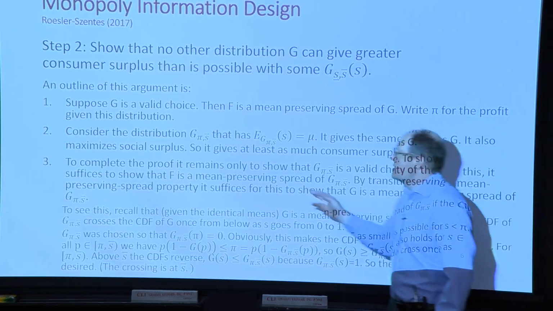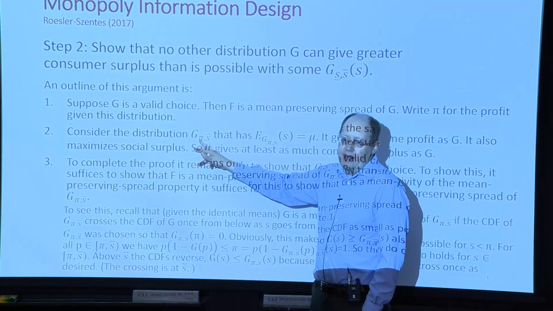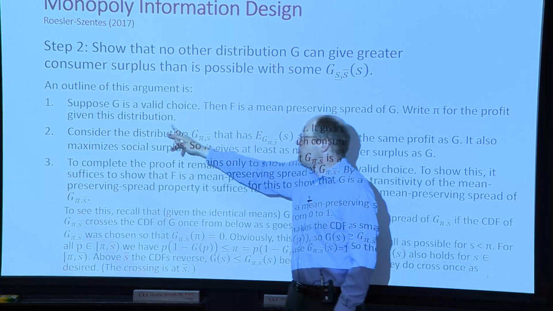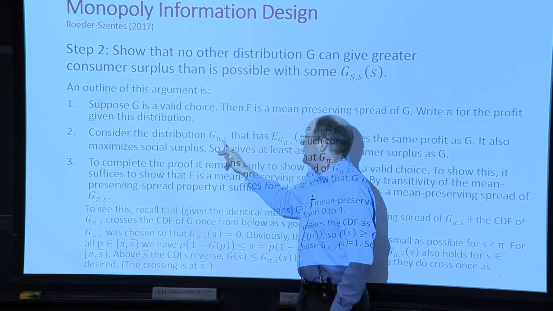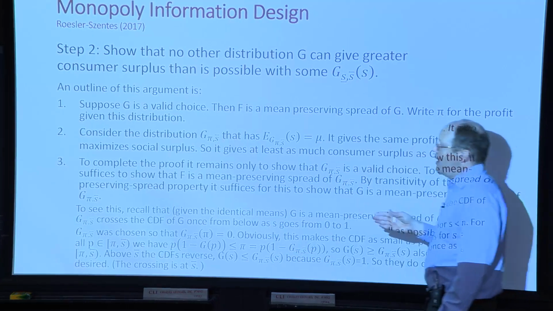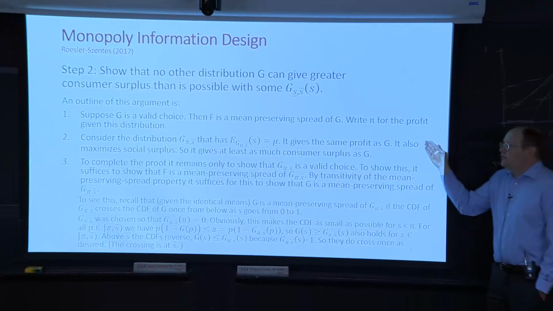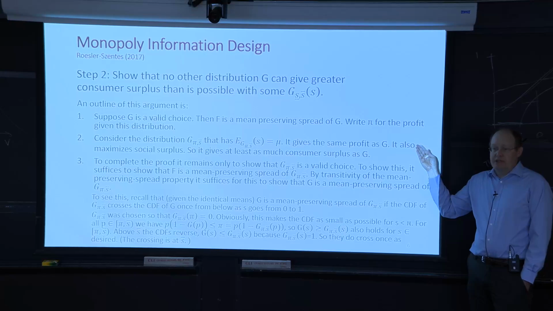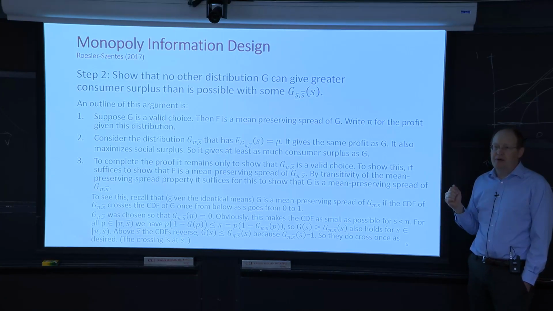Because these distributions G of S lower bar, S upper bar give profit S lower bar. So the profit I get from using this thing also gives the same profit pi. It's fully socially efficient. Everybody purchases in that distribution, so it has to give at least as much social surplus.